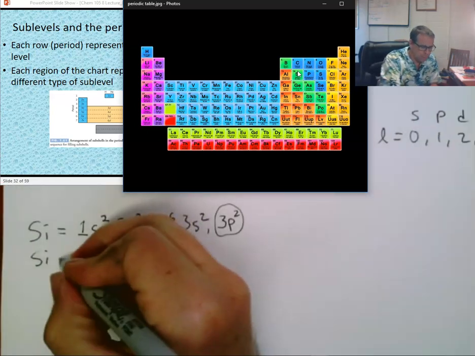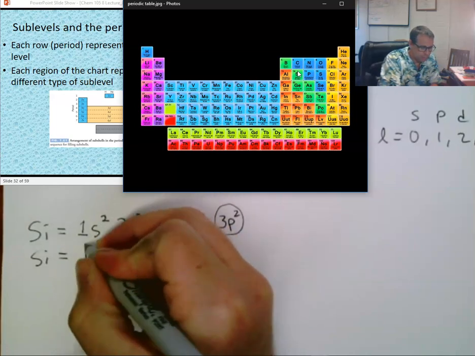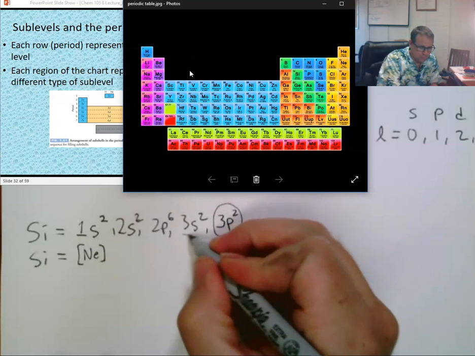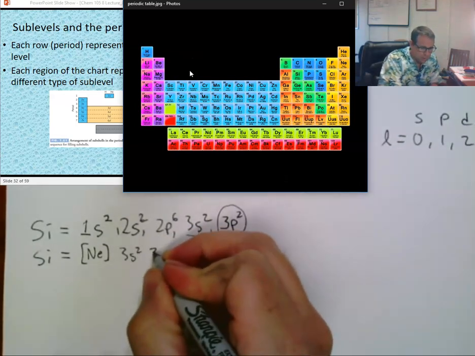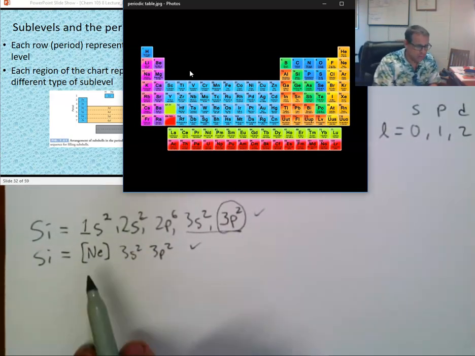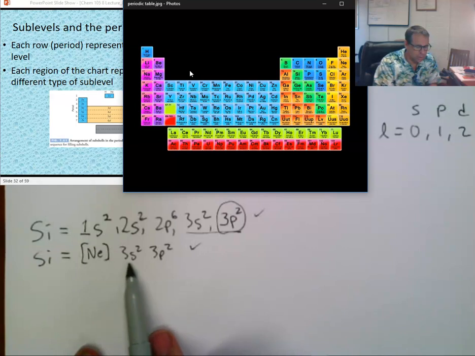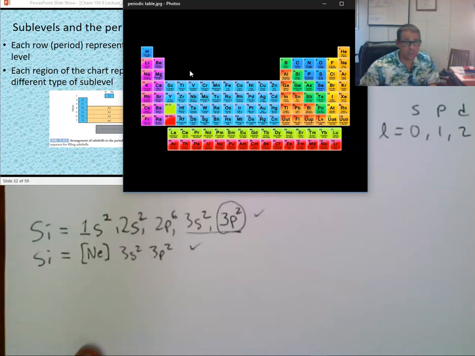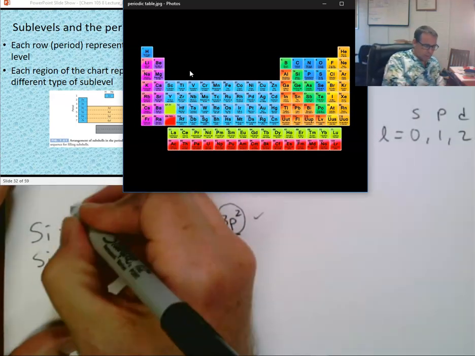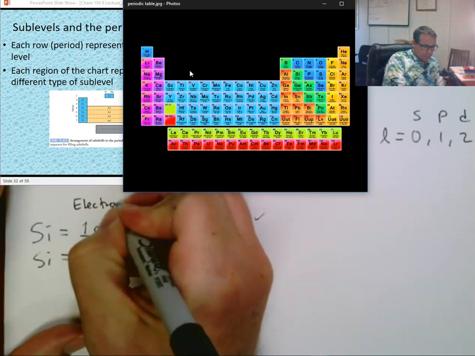So the noble gas abbreviated form would be neon, which essentially is saying we have a neon core, which is 1s2, 2s2, 2p6, and then I pick up from there with this stuff, 3s2, 3p2. All right? So this is saying the same thing. This is basically saying I have a neon core with 2 electrons in the 3s and 2 electrons in the 3p. Okay? So these again are called electron configurations.